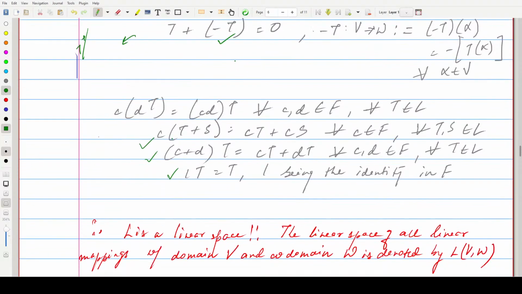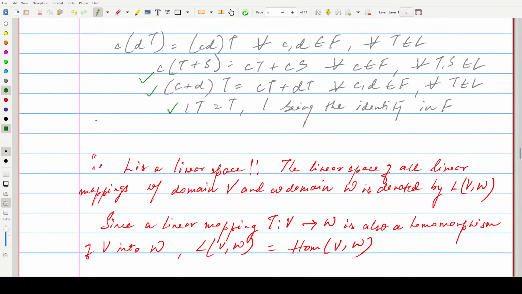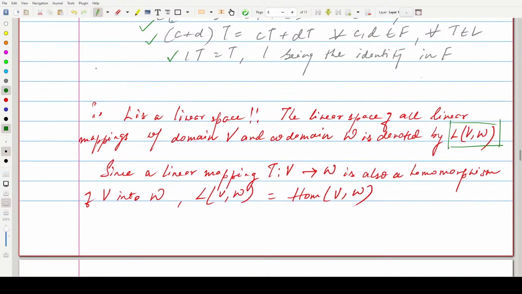So we have seen here that essentially these form a vector space. So if L is a linear space, the linear space of all linear mappings with domain V and codomain W is given by some fancy notation again, L of V comma W.